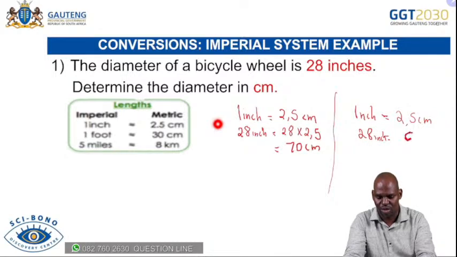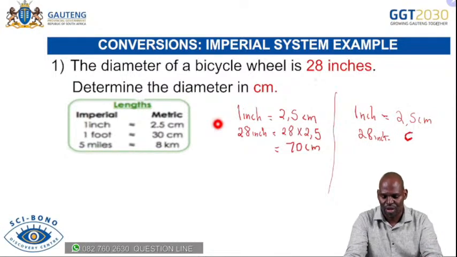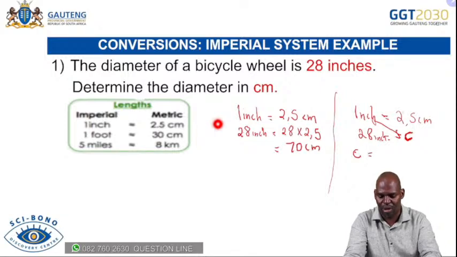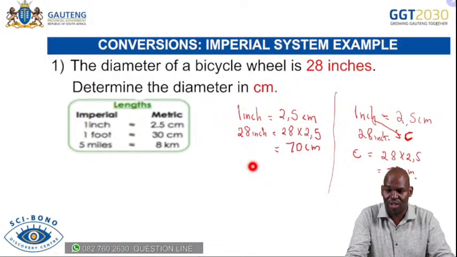You can use the letter C. Then cross multiplication: 1 multiplied by C is the same as 28 multiplied by 2,5. Then you still get 70. And just remember that the answer is actually in centimeters there.